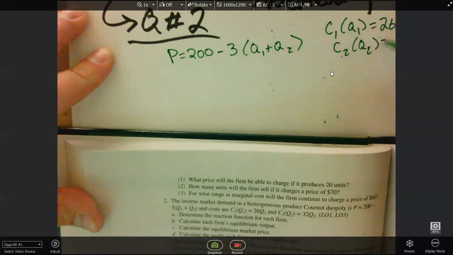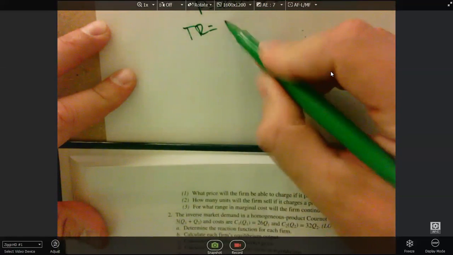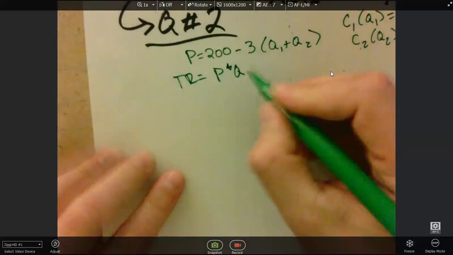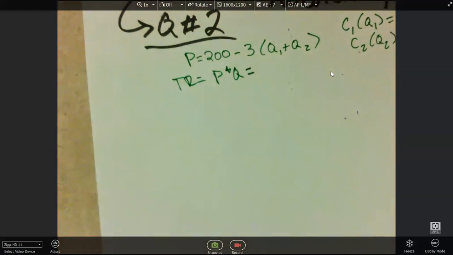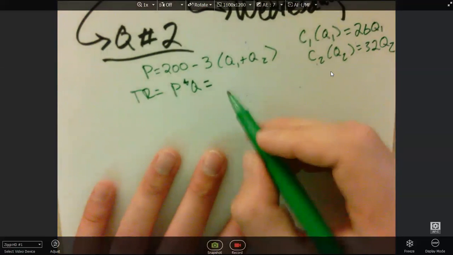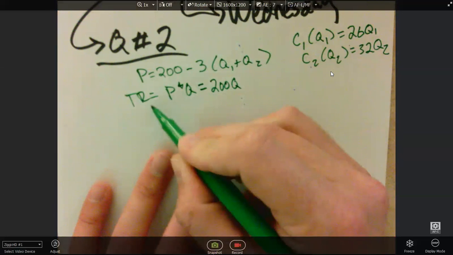Cost for firm 2 is 32 Q2. All right, so what's our total revenue? Probably the easiest one, we just take price times quantity. Sorry, I'm going to get rid of this since we have all the information.